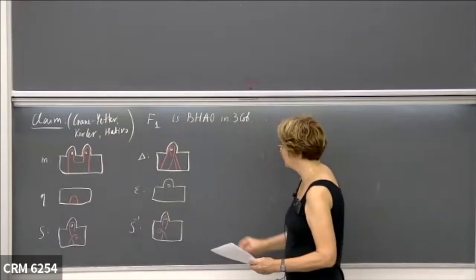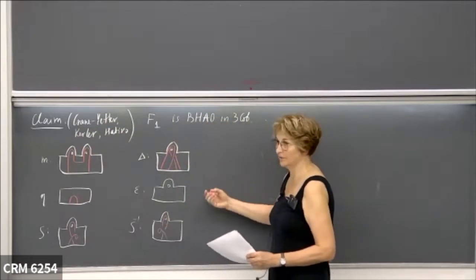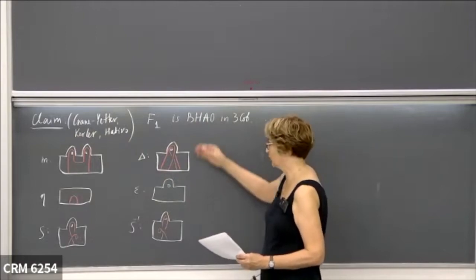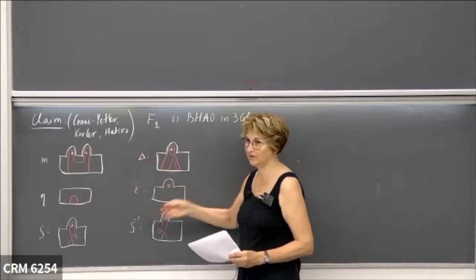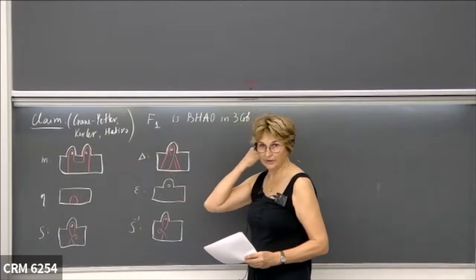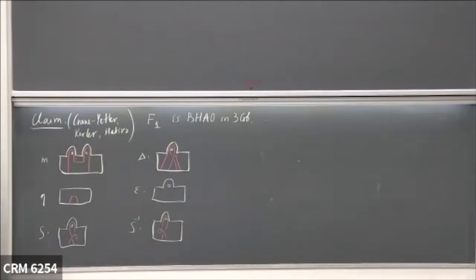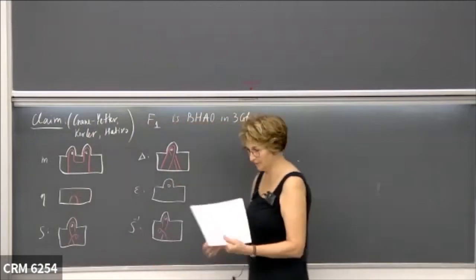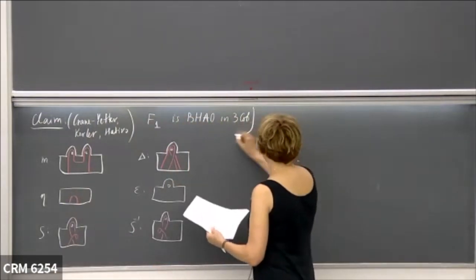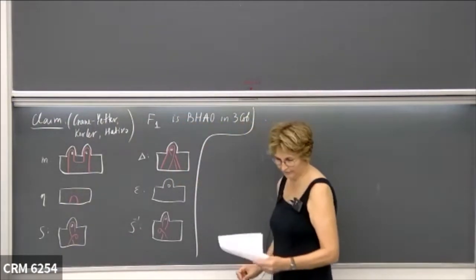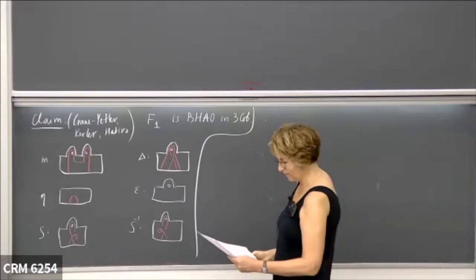Basically it's a nice exercise to check that all topological relations are satisfied by these morphisms. It's really an exercise in how well you understood this composition. But it's really not hard and even fun. Okay.